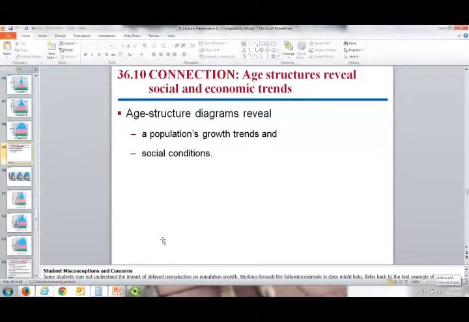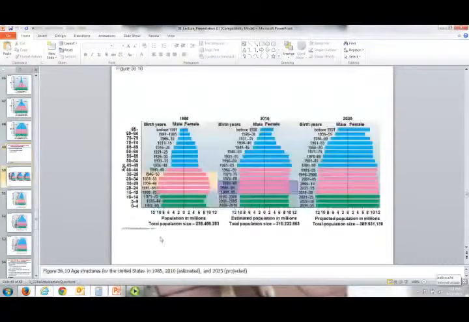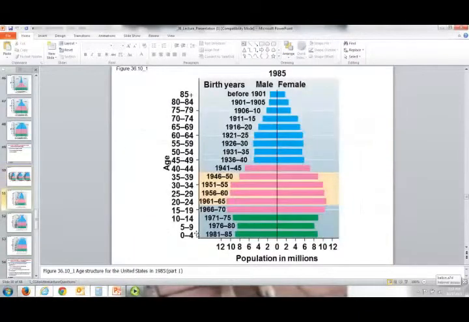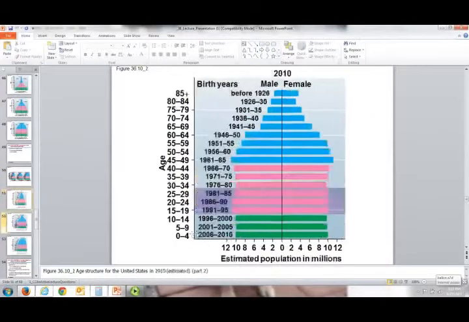A lot of times it's going to reveal the population's growth trends and social conditions. So this is looking at some populations in different time intervals and their growth patterns. So again, a little bit larger versions.